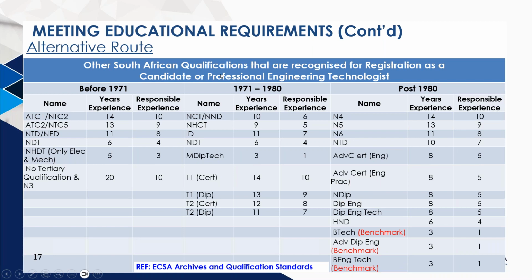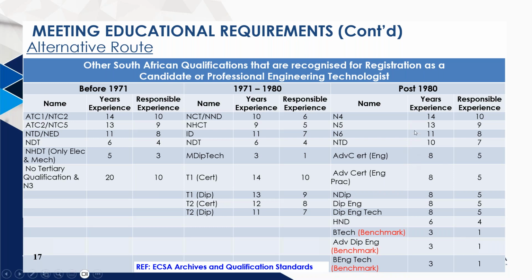And then this particular one is an alternative route for professional engineering technologists as well as candidates. There are a number of years of responsible experience where you were performing at a certain level.